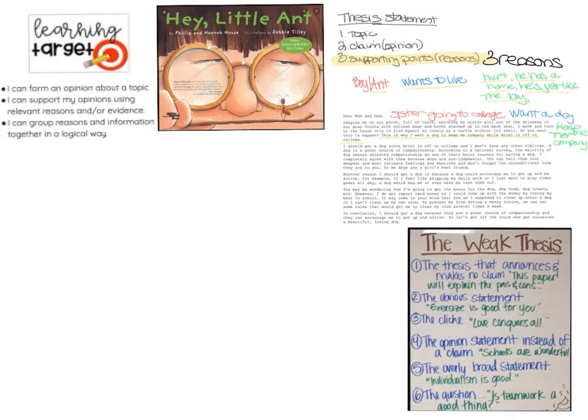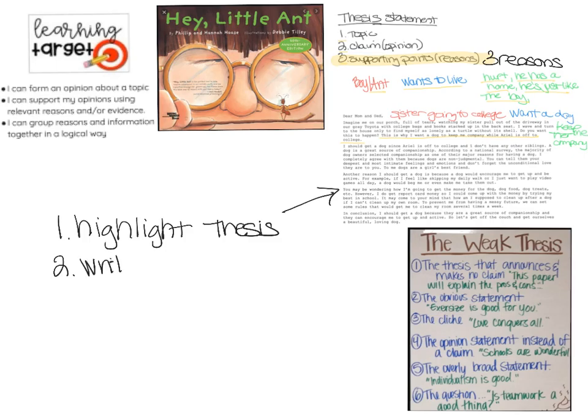Okay. So for today's exit slip, there will be 3 parts. Your first part is going to be highlighting the thesis, just like we did in this right here. The second part is going to be writing a thesis statement when you are given all of the parts.